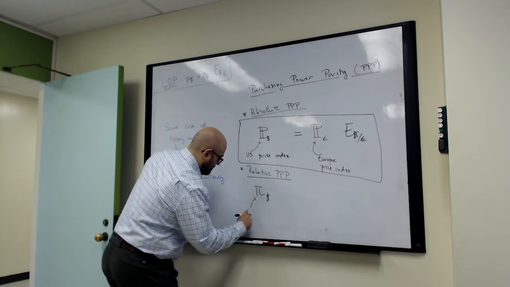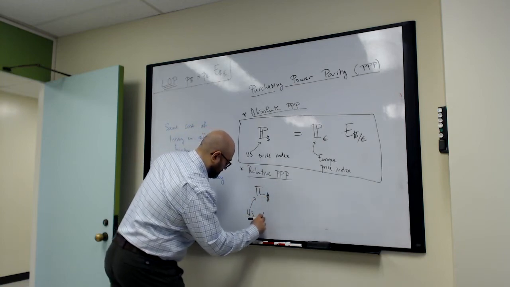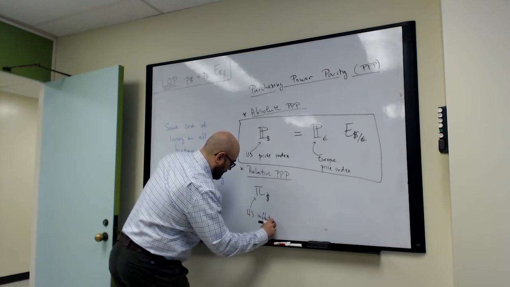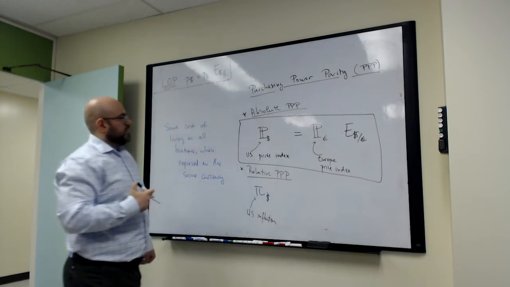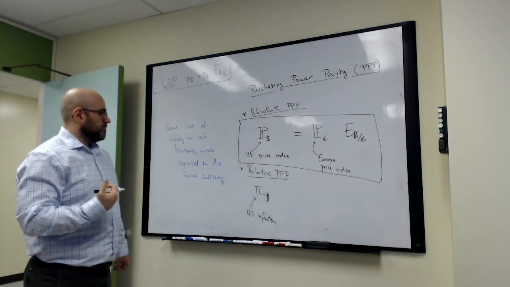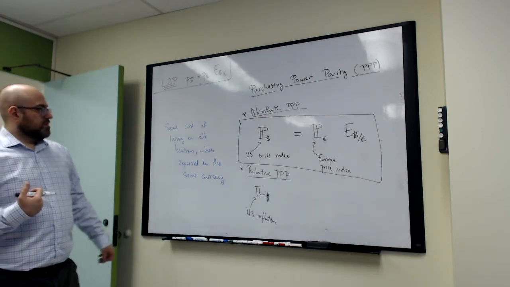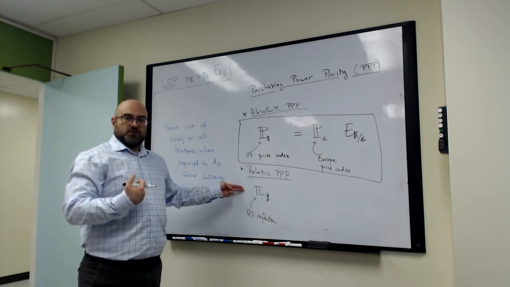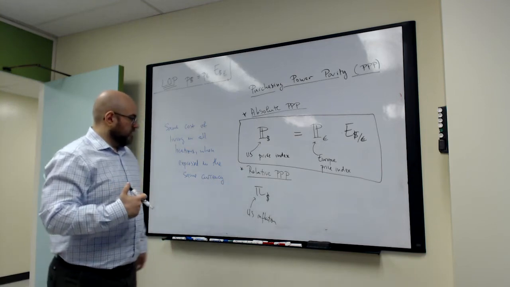So this is US inflation. Inflation is the growth rate in the price index. So this may be something like 1% or 2% in the US.